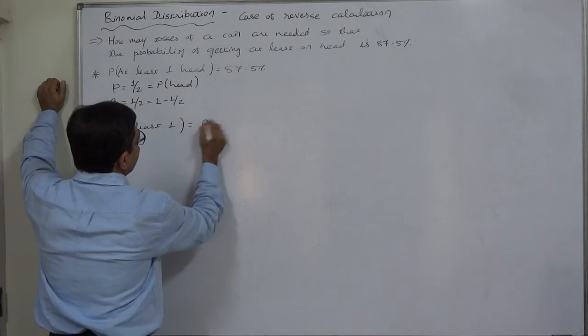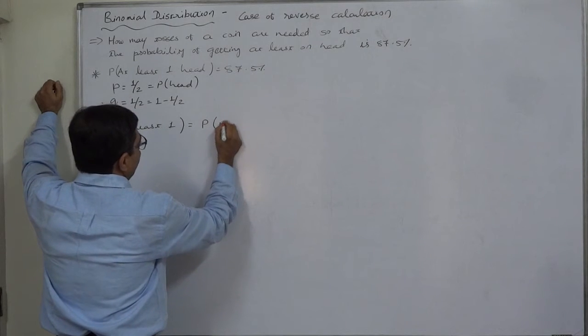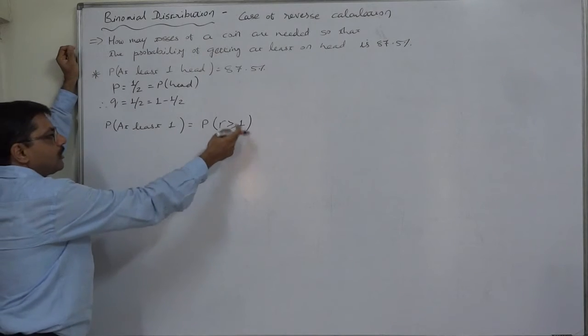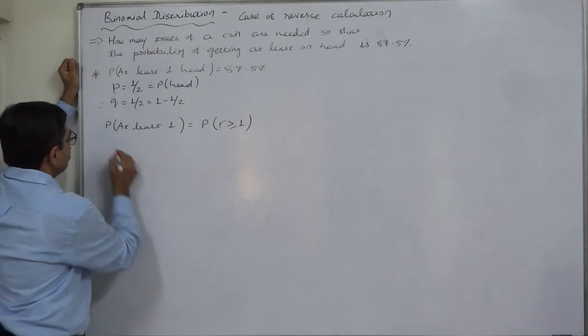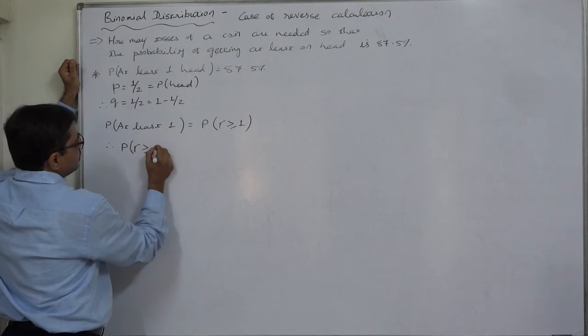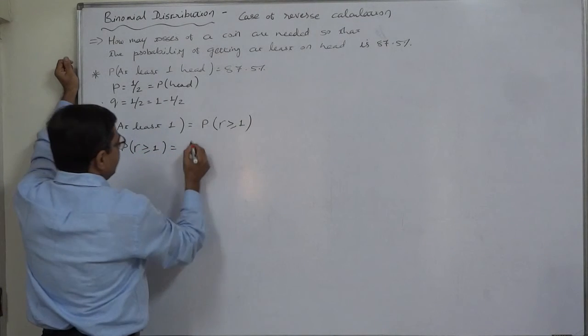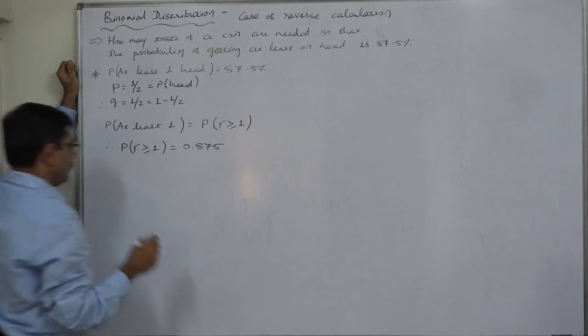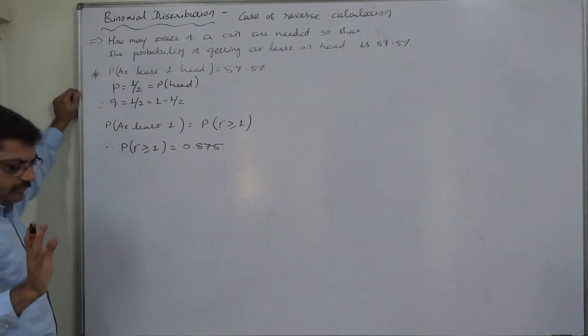That is P of R or X greater than or equal to 1. At least 1 means 1 or more. So the interpretation is P of R or X greater than or equal to 1 is 87.5%, that means 0.875. Now we don't know the value of n.